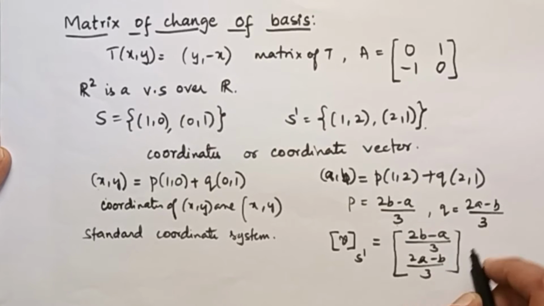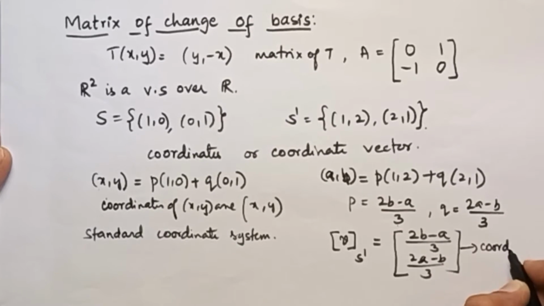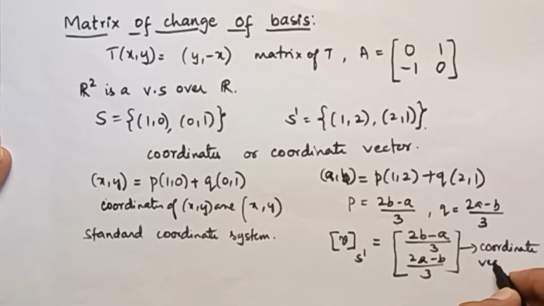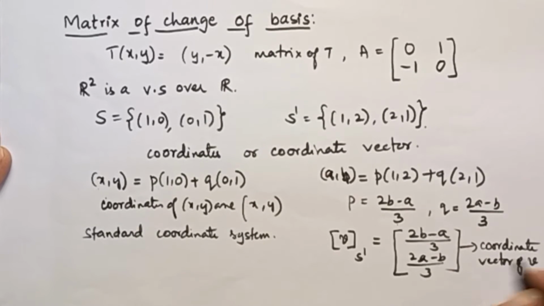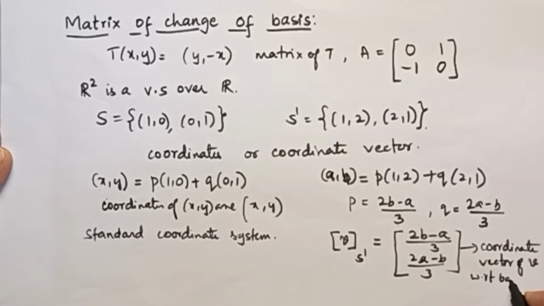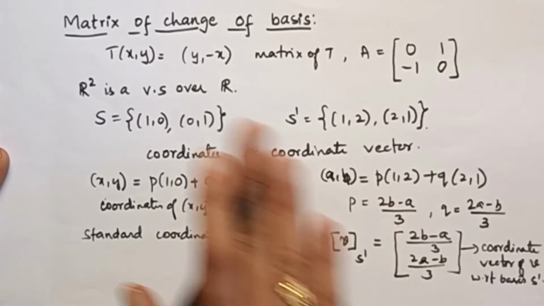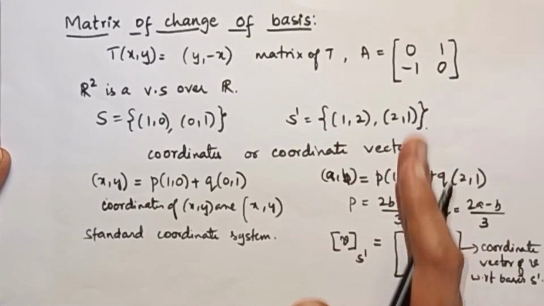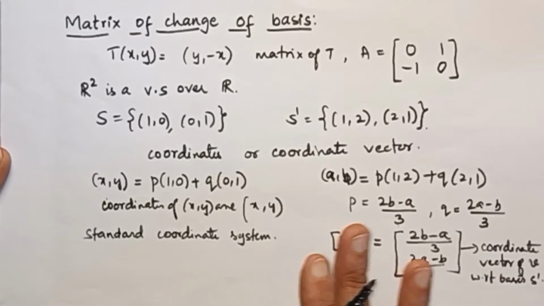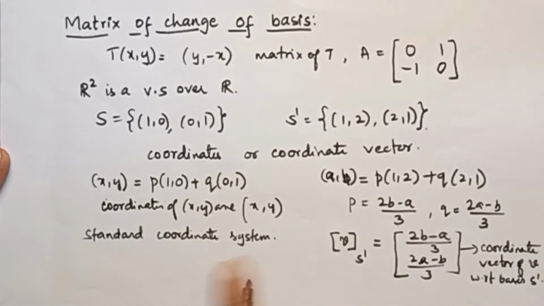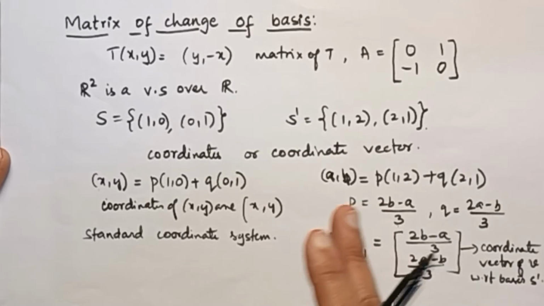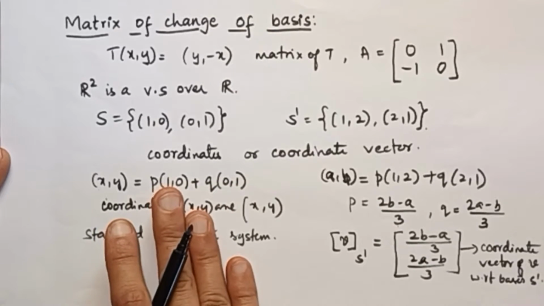So this vector is called the coordinate vector of v with respect to basis S dash. Similarly, you may have n number of bases for R square. When you go on changing the bases, you will get different coordinate vectors for the given vector v, which is given in terms of our standard coordinate system.